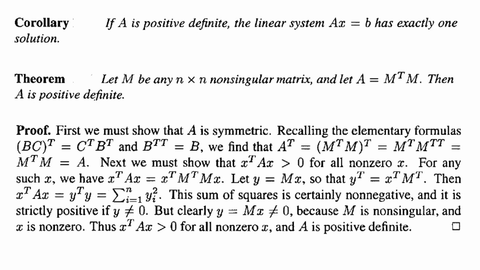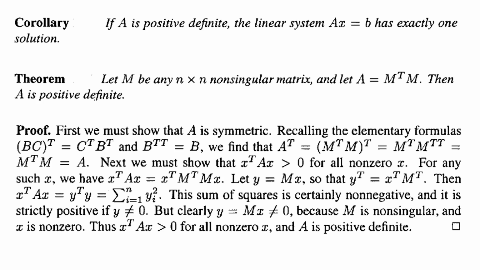A result: if A is positive definite, then the linear system Ax = b has exactly one solution. We will keep in mind that if A is positive definite, then the system Ax = b will have exactly one solution.